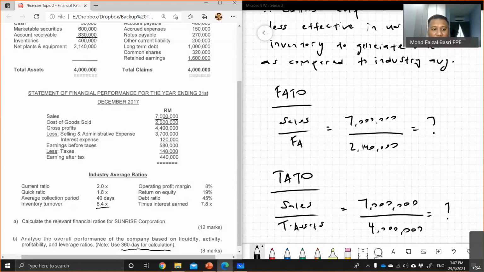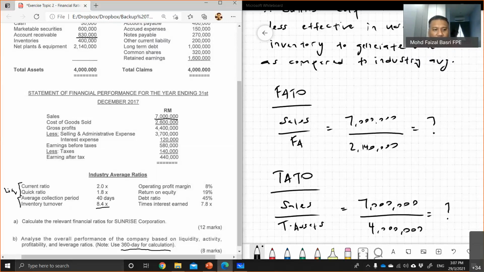The division of the ratios in the question, if we categorize, we have current and quick, which is from liquidity ratio. We have ACP just now as our very first ratio, and inventory turnover.